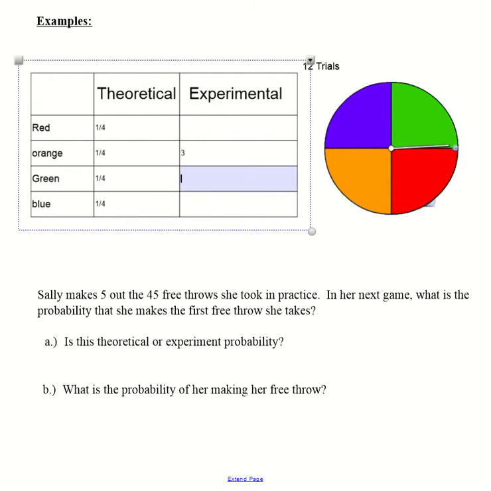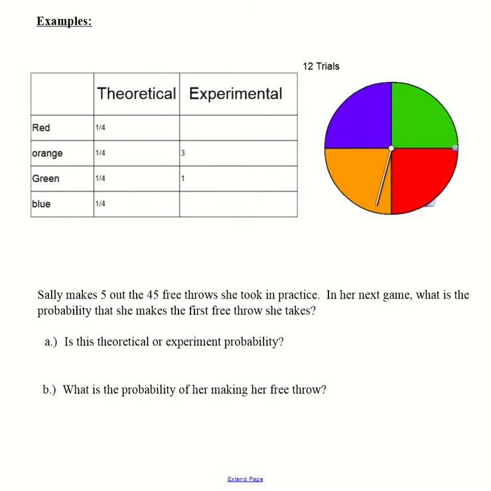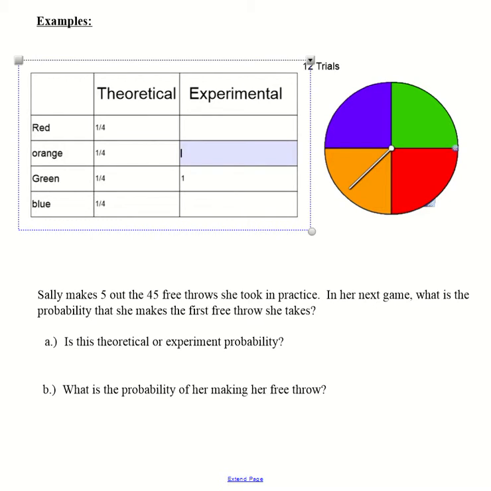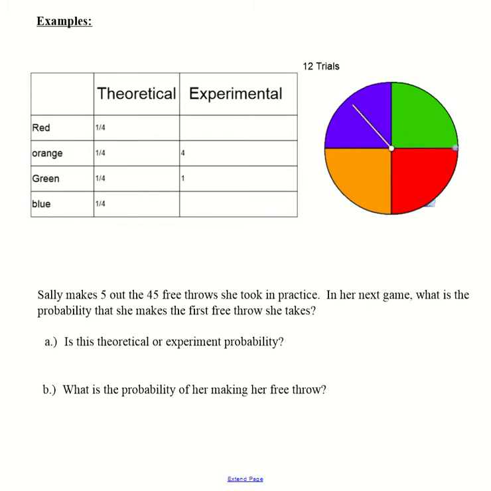Now we have green. We're back with orange. We're at 5 trials. We want to do 12, so we're about halfway there. We're going to end up in blue this time. So we are halfway there on our trials. We still have yet to get red.